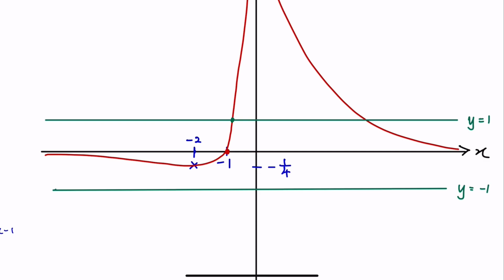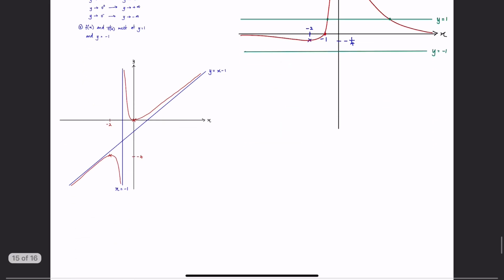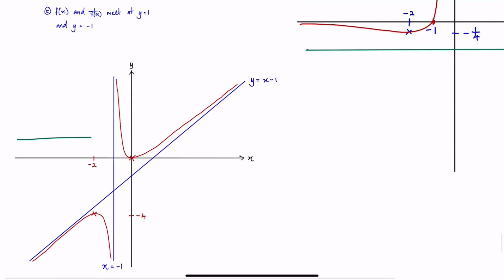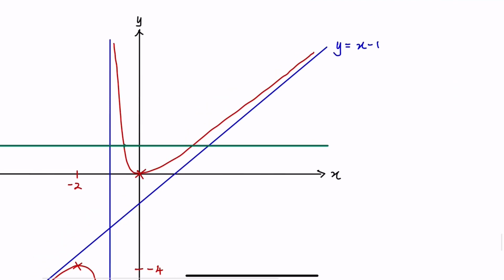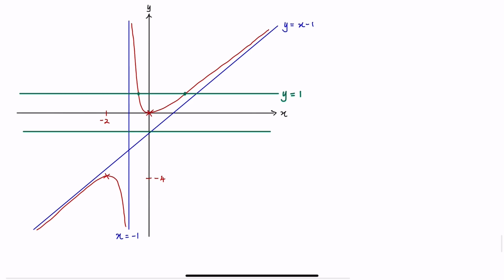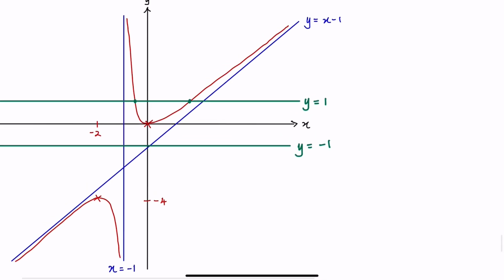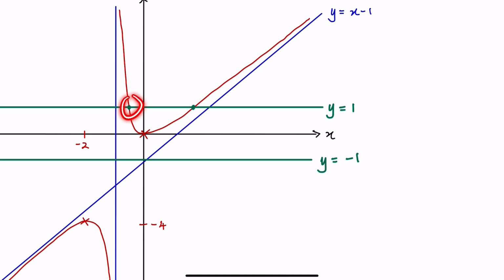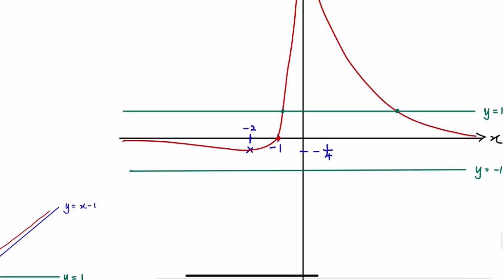These two coordinates should be the same as these two coordinates. This is y equals 1, and I have another line which is y equals negative 1. So these two coordinates are the same as these two, since they should meet at y equals 1.